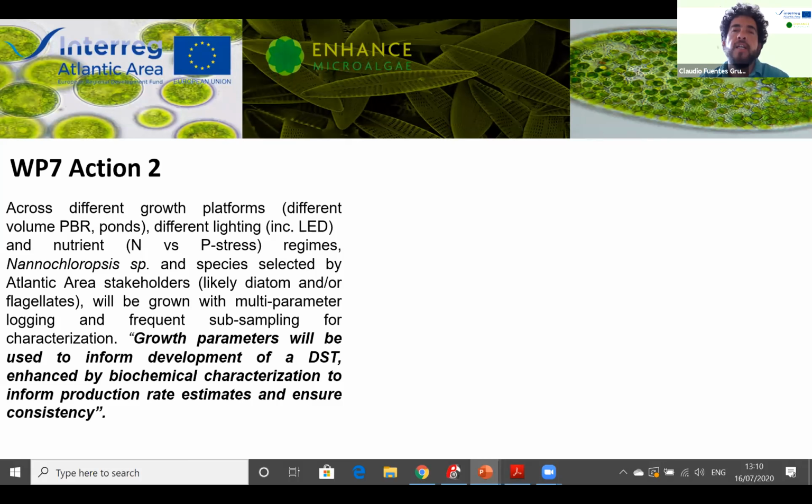The idea is to collect all this data and try, test, and validate the DST tool. All the growth parameters, as you can see here, will be used to inform development of the DST tool, enhanced by biochemical characterization to inform production rate estimates and ensure consistency.